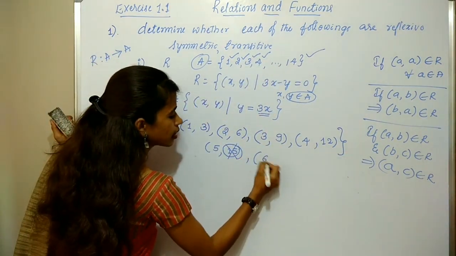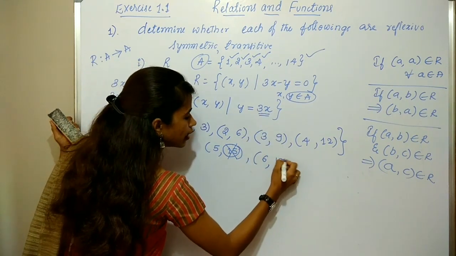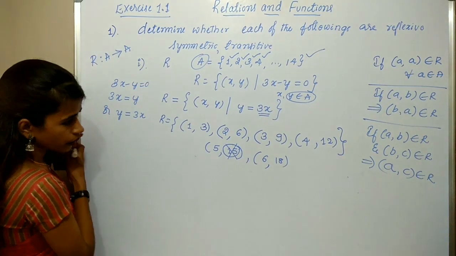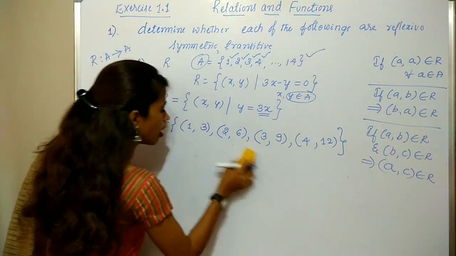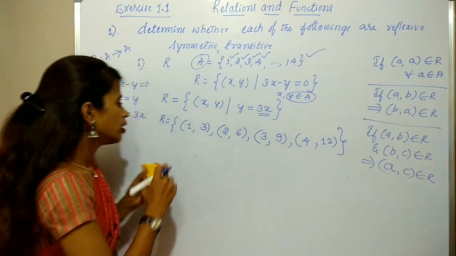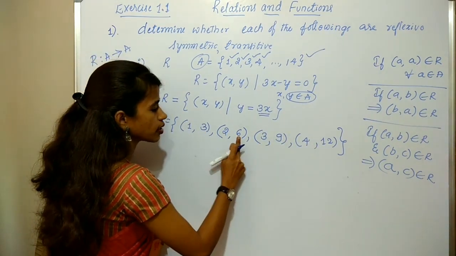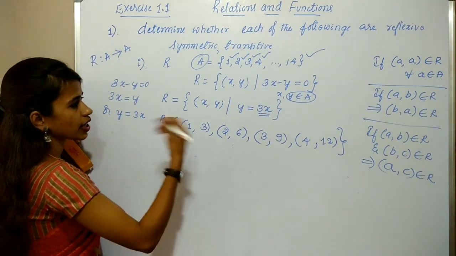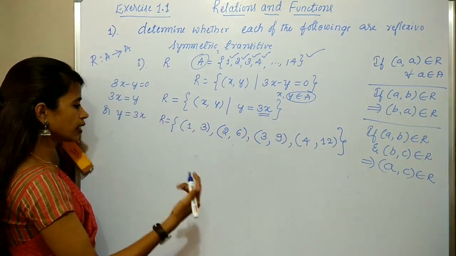If I take 6, then 3 sixes are 18, which is also not in the set A. So therefore, the relation R contains exactly the pairs (1, 3), (2, 6), (3, 9) and (4, 12). Now let us check for reflexive, symmetric and transitive.